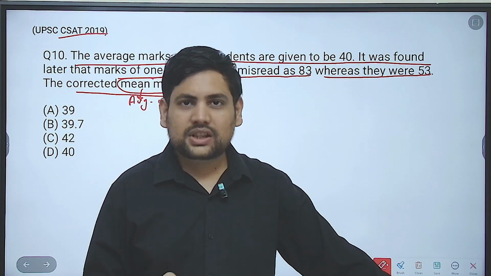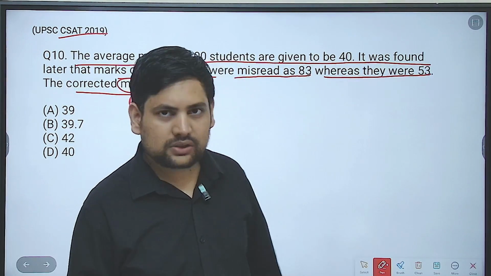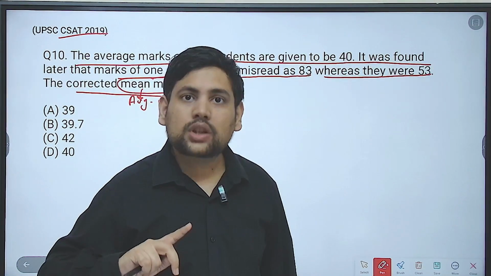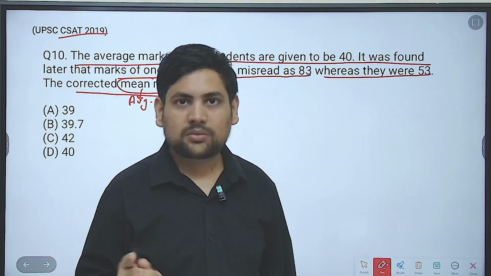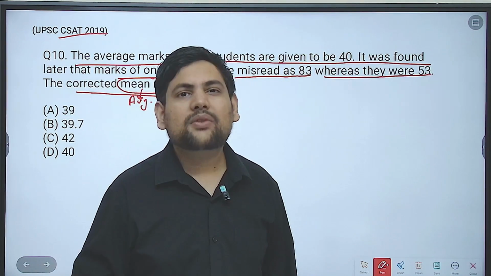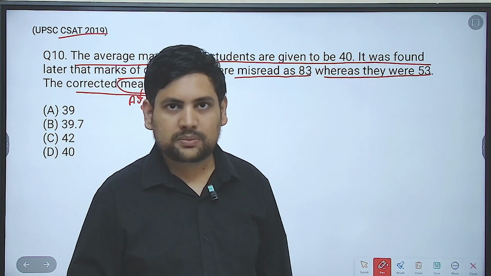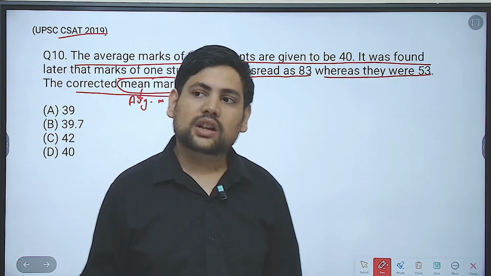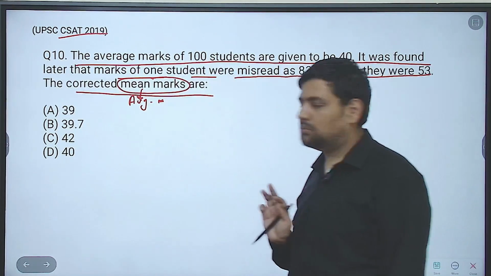It was incorrect by how much, that you can find out. If we were to correct it, what would have been the correct average? Because right now, if I have misread one of the students' marks, then the average I have is also incorrect. So I have to correct it. How will I correct that? That is the main crux of it.